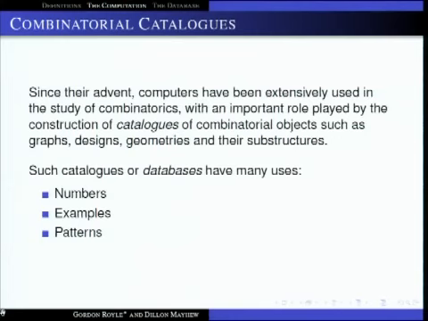So there's lots of work that's been done in cataloging graphs, designs, geometries, and so on. You can use them to just count things, or you can look for examples that might have some special properties, or you can try and spot some patterns or whatever. So combinatorics, because it's discrete and finite, probably has used computers more heavily than most disciplines.